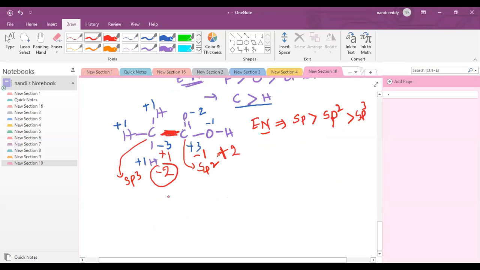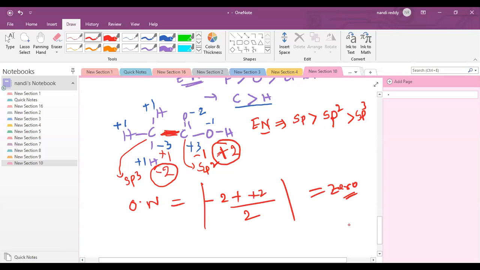The average of oxidation states can be calculated here: -2 and +2, average, but I divide by 2 because of 2 carbons. I will get 0 here. 0 is the oxidation number of this molecule. Understood? Oxidation number is different, oxidation state is different. I calculate each atom's oxidation state, but the average is the oxidation number.